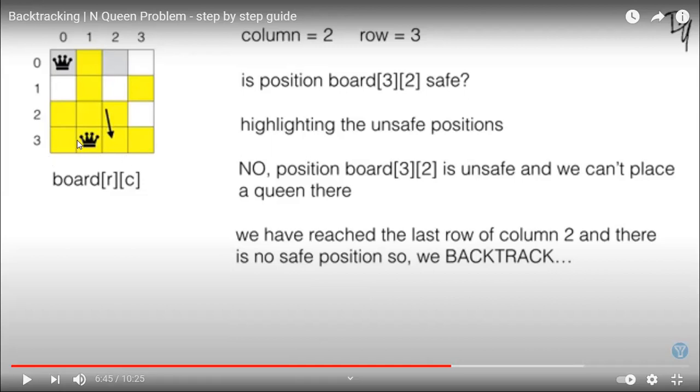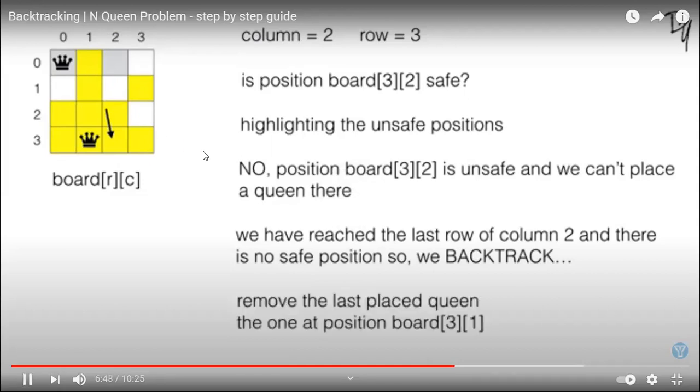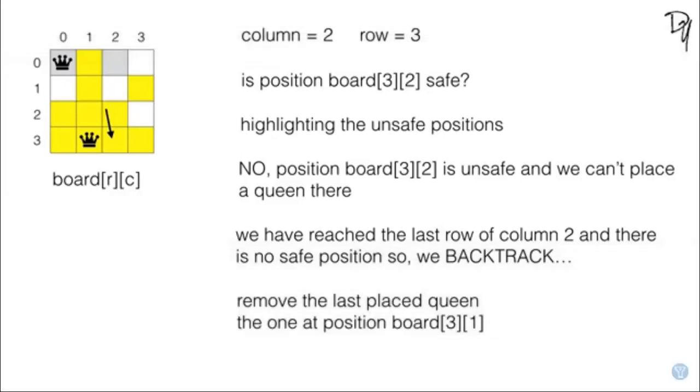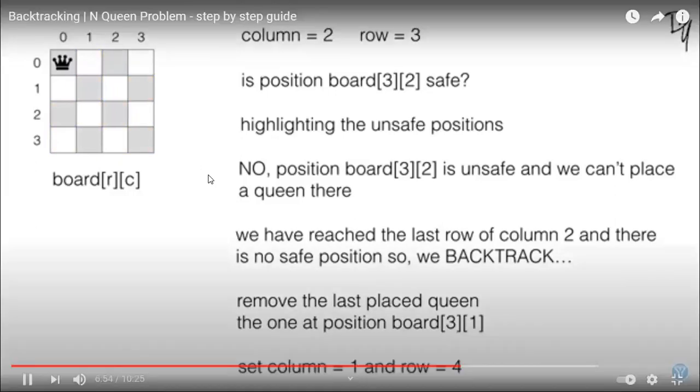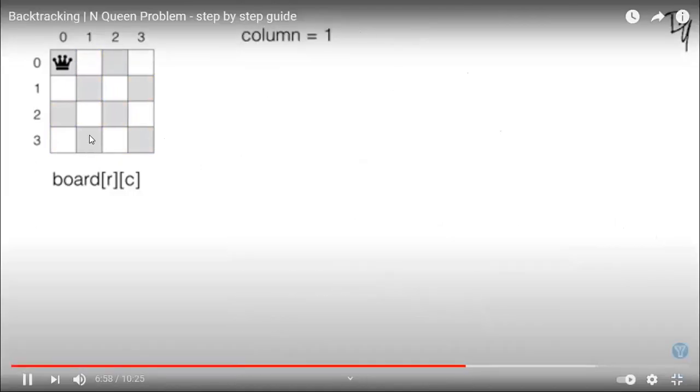So we will remove this queen, and the column is subtracted by 1, like here it was 2, now it is subtracted by 1. So we remove the last placed queen at the position 3-1, right? And then we set column 1 and row 4, right?